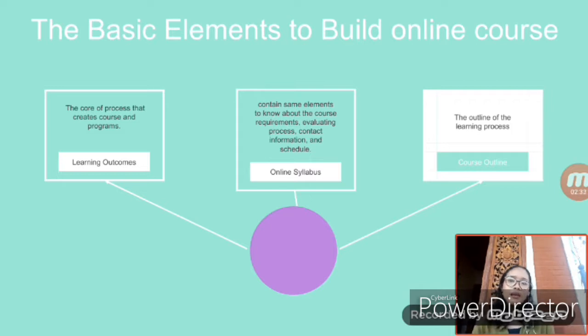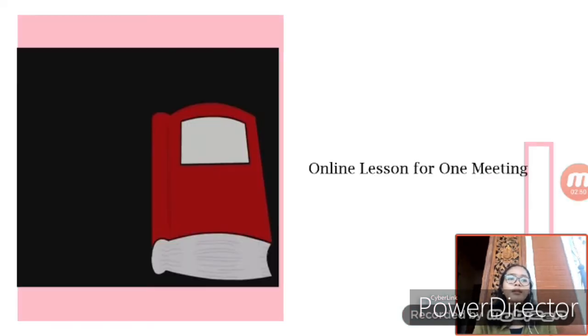The last, course outline. Course outline is the outline of the learning process by considering the learning outcomes, working backwards, and then using assessment.